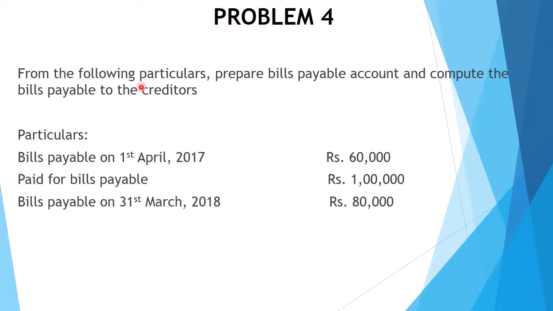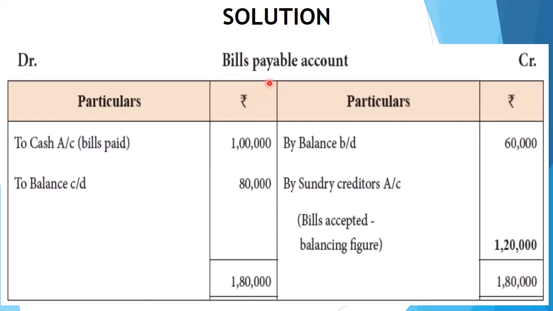Problem number 4. From the following particulars, prepare bills payable account and compute the bills payable to the creditors. So opening bills payable is given, closing is given, and bills paid is given, that is 1 lakh. Solution. Bills payable account. So by balance brought down, that is credit, it is 60,000.